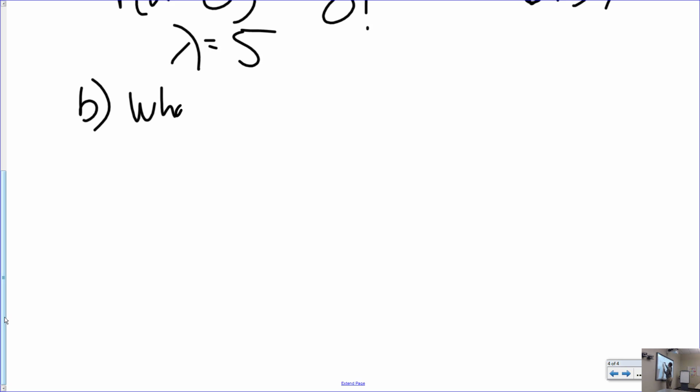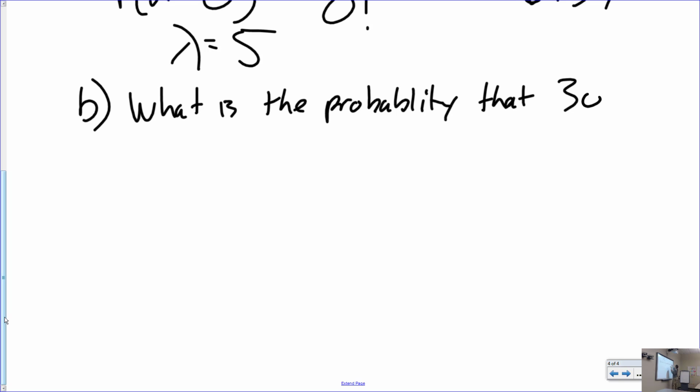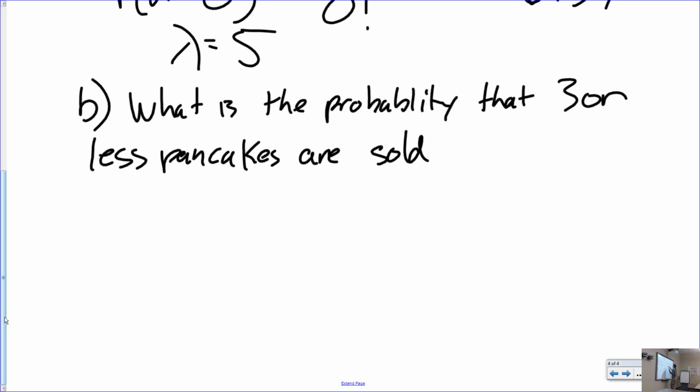What is the probability that 3 or fewer pancakes are sold in a 5-minute interval?